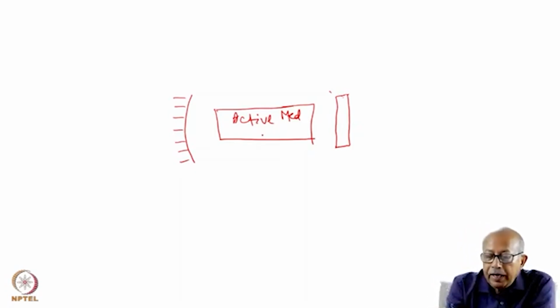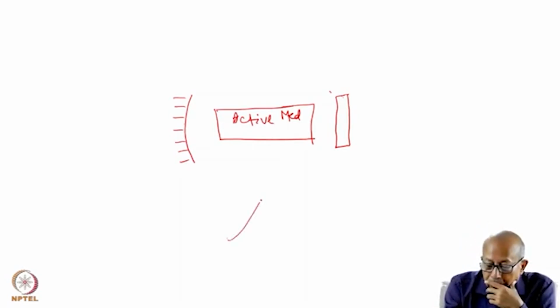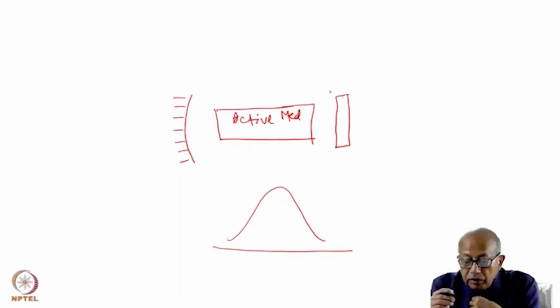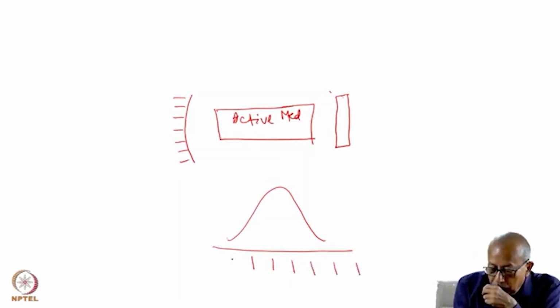Now, the gain that has been imparted in this medium, we know that it doesn't occur at a single frequency. Instead, the gain is spread over multiple frequencies in accordance with Heisenberg's uncertainty principle. Now, the cavity, of course, supports oscillation only on some discrete frequencies or wavelengths, which are called cavity modes.